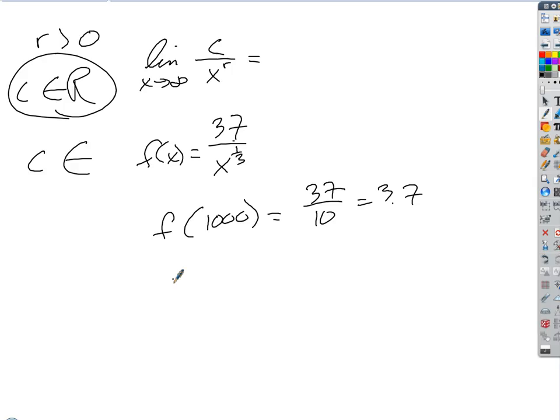The important part is the x. The x is approaching infinity, so it's getting infinitely bigger. So if I take another value, let's take a million.